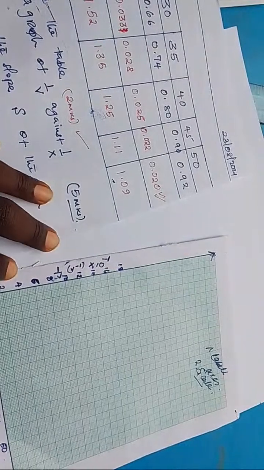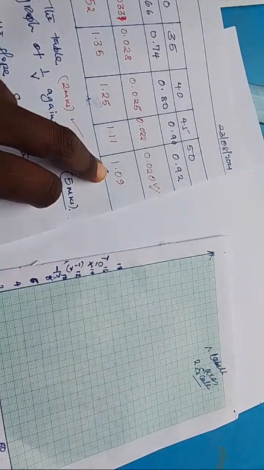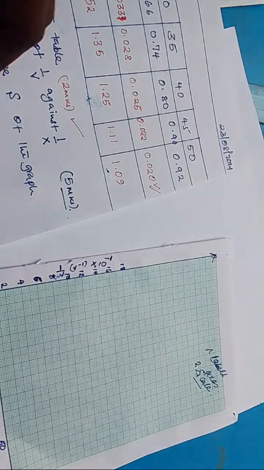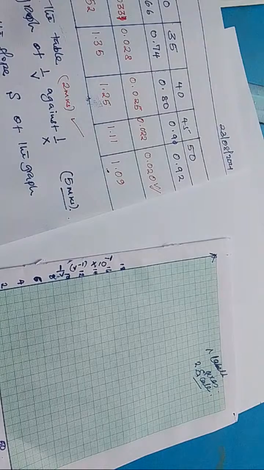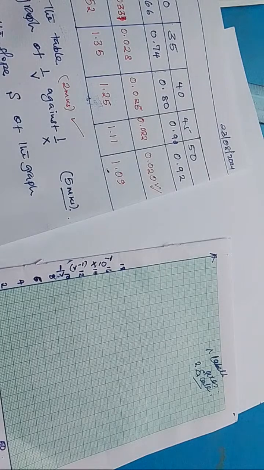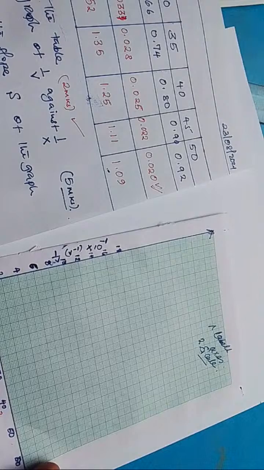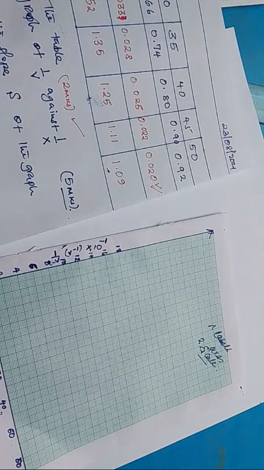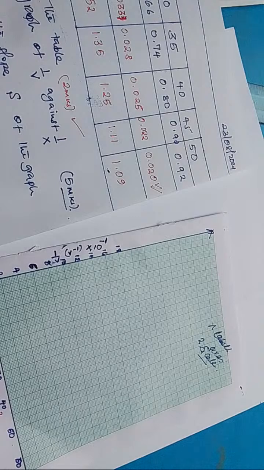Let's say that on y-axis we have 10.9. But before you draw anything, you must ask yourself, what does a small square represent? Therefore, I'm having 10 small boxes which are representing 2.